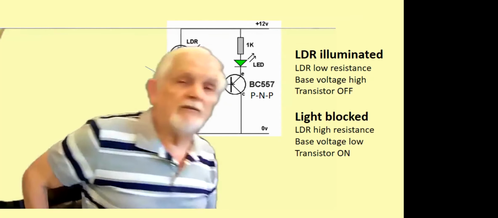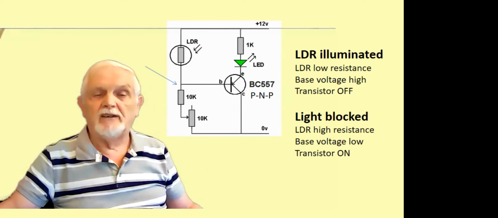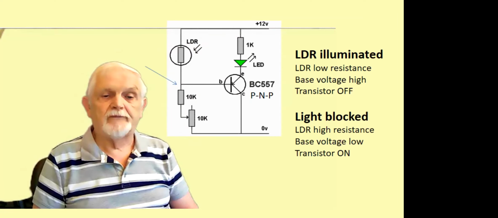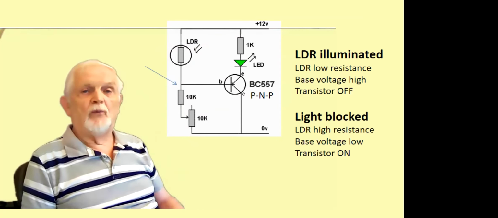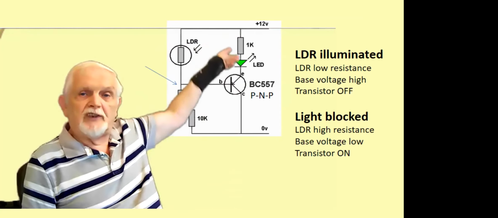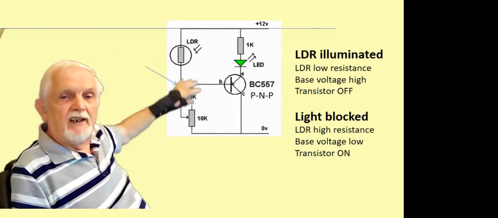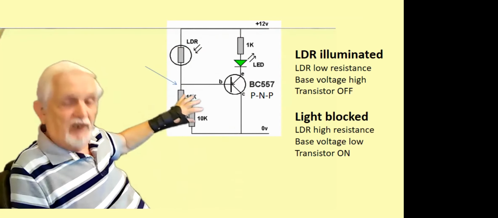How do we use it? Well, that's an example. We've got the LDR train detector. And what we're doing is, across the 12 volt supply, we've got a light dependent resistor and other resistors.